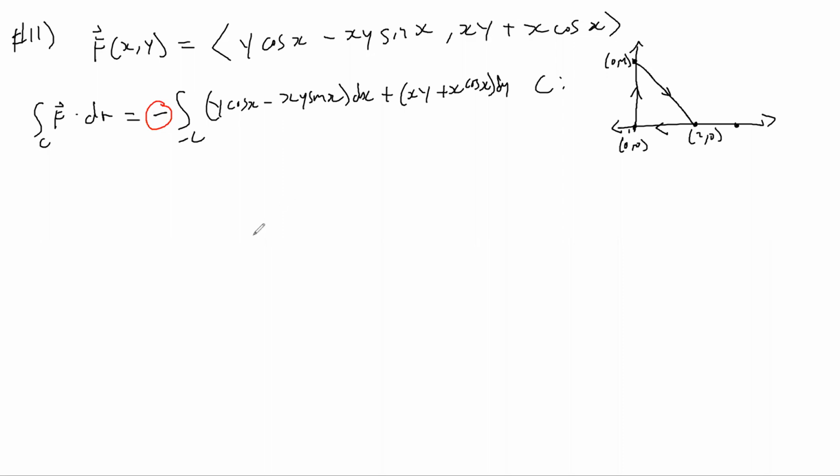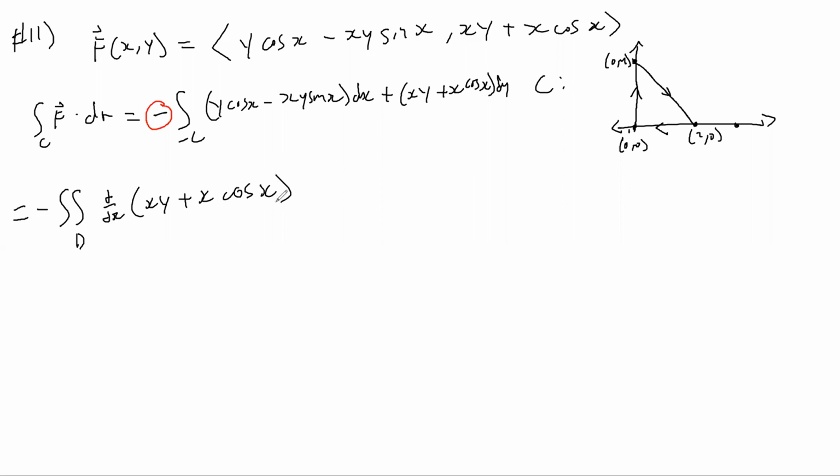Okay. Then we go on and solve it just like we have previously done using Green's theorem. So again, this is equal to the negative of this double integral bounded by D of the partial derivative with respect to x of xy plus x cosine x.